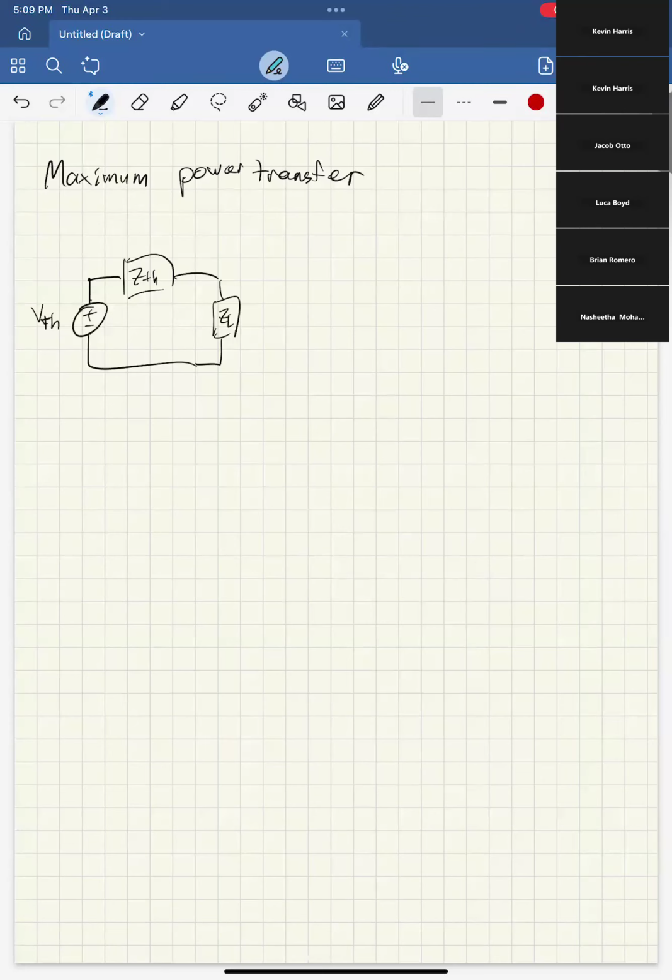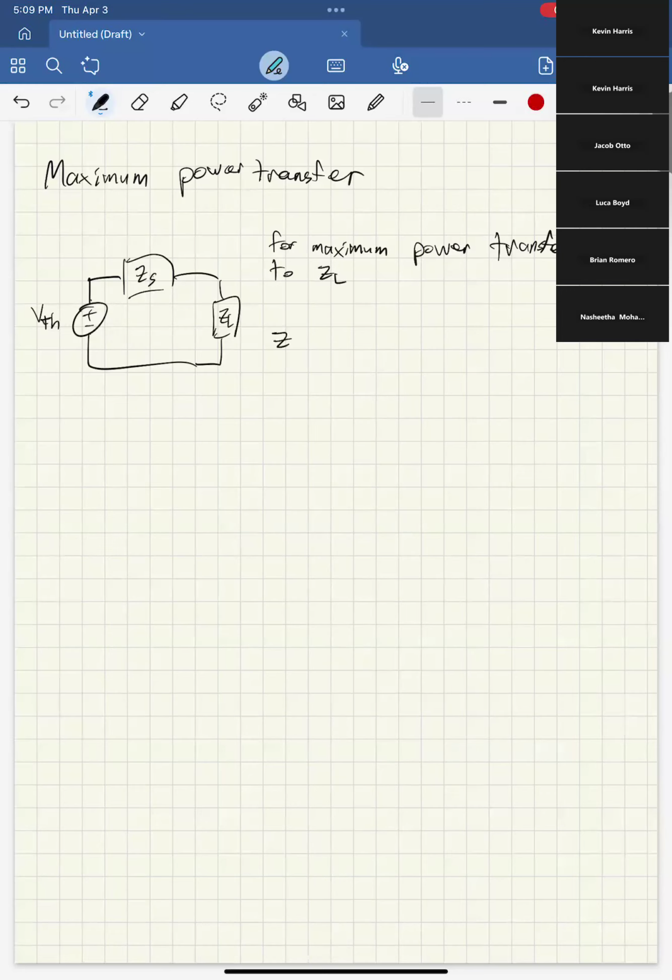This is Z Thevenin, the source, or I'll call this Z source. Sorry, I'm just going over a bunch of things here. But for maximum power transfer to Z L, I'm sure you'll talk about this at some point.